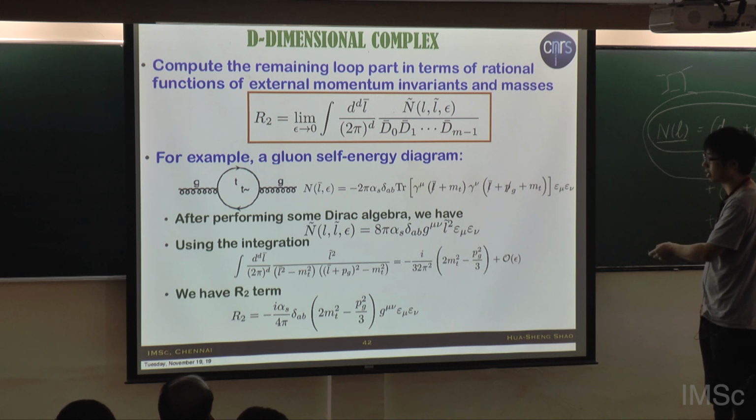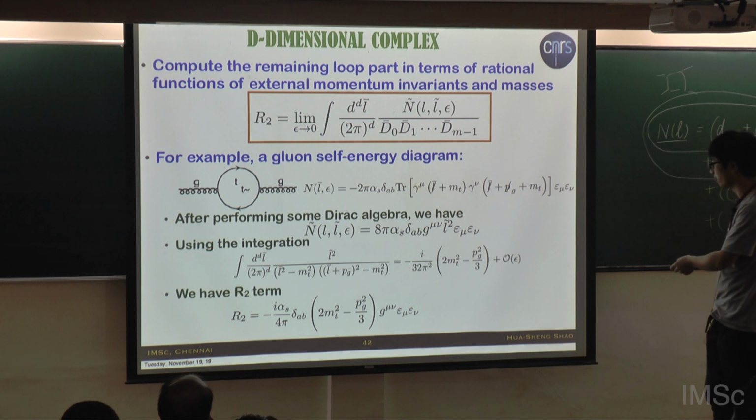That is the d minus 4, that is 2 minus epsilon dimensional part, and then you integrate this. Integrating gives you rational functions, not log or polylog dependent. This is why it's called a rational term, because it's just rational functions of the external parameters and momenta. So we have the R2 term, which you define according to this definition.